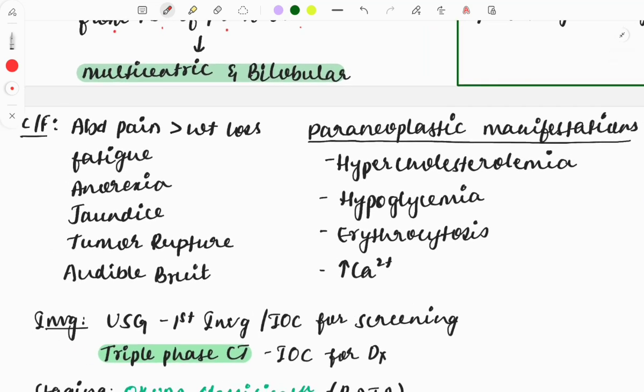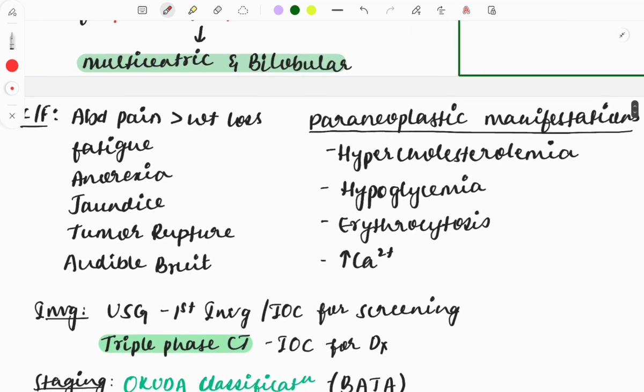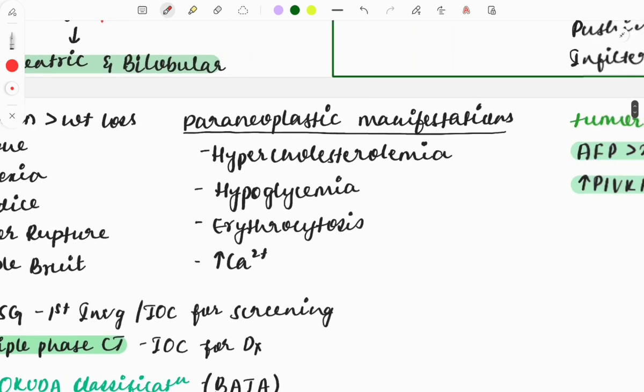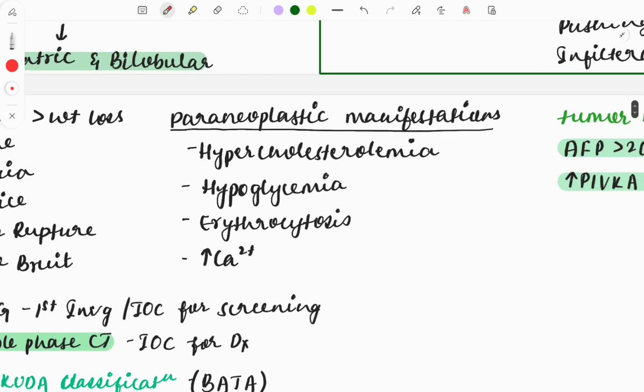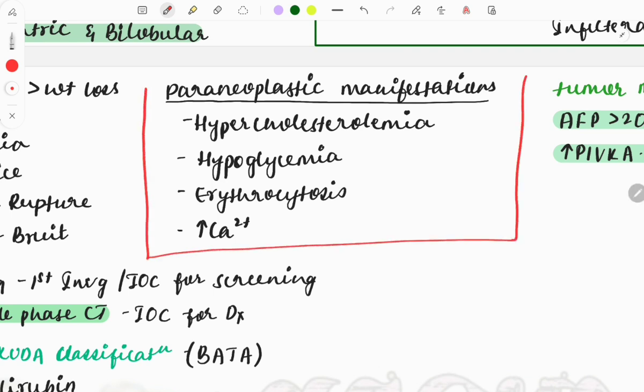These are common symptoms seen in all GI diseases, so we will not be discussing much about it. We'll be discussing just the points which you must know, which will help you reach the correct answer if this is asked in the exam. So these are the paraneoplastic manifestations seen with this liver tumor, and this one is important.